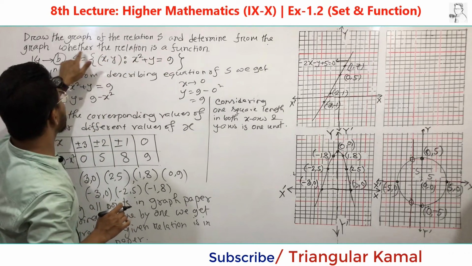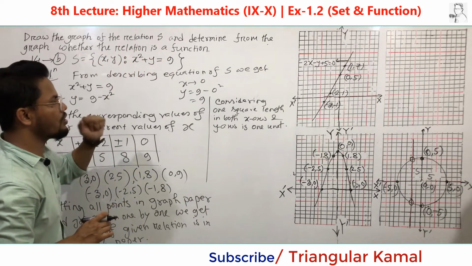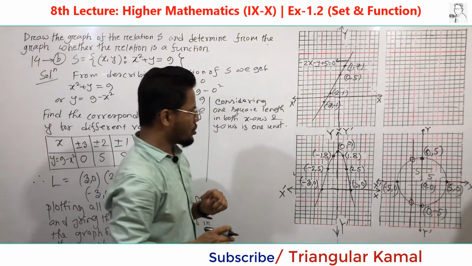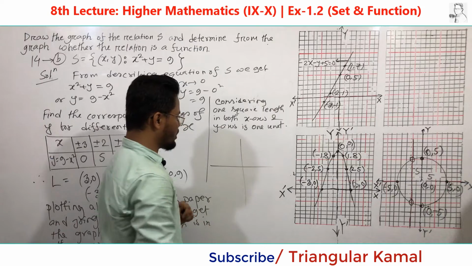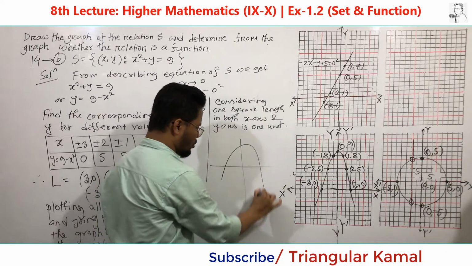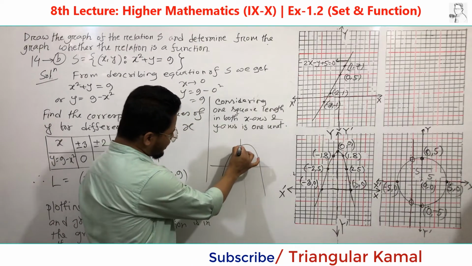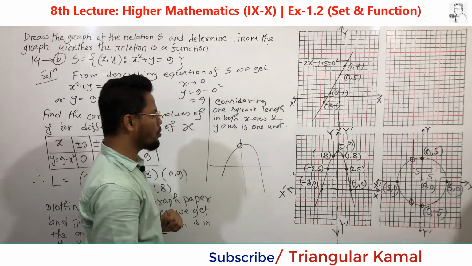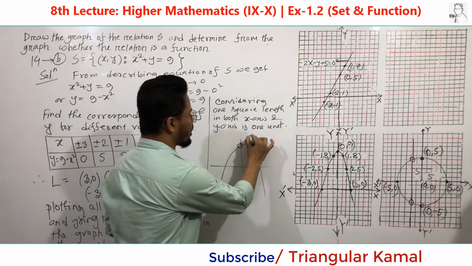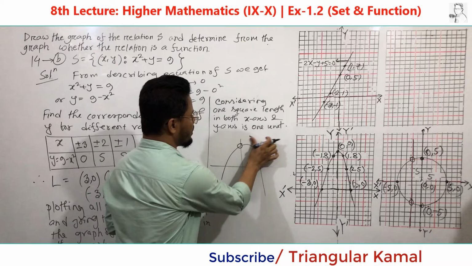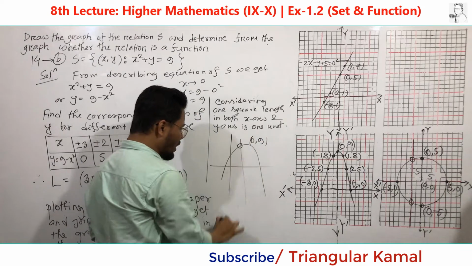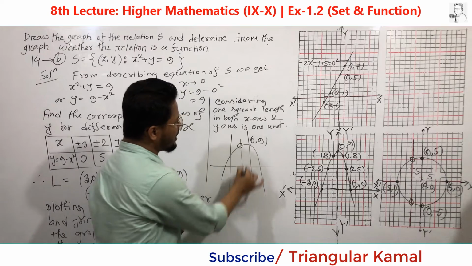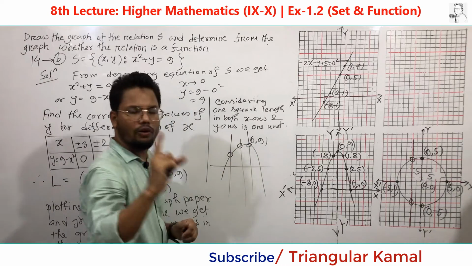Find whether this relation is a function or not. So already we can draw the graph here to explain this properly. Okay, now draw the graph again. How many intersecting points are there with the y-axis and graph? Only one, which is (0, 9). If we draw a parallel line on the left or right side, how many intersecting points will we get? Only one.